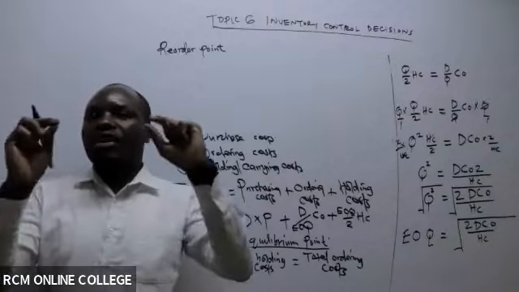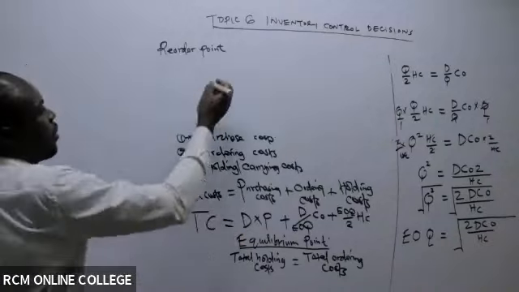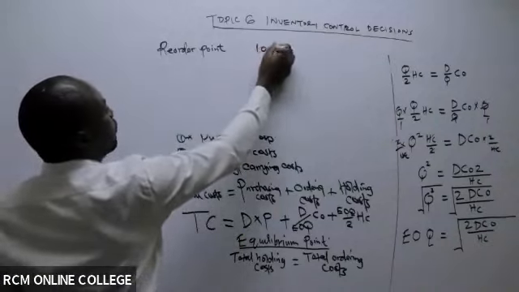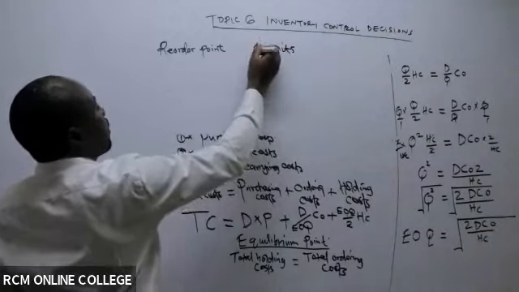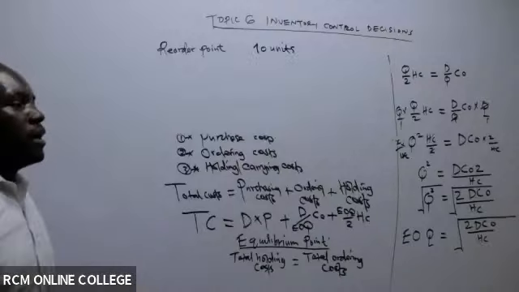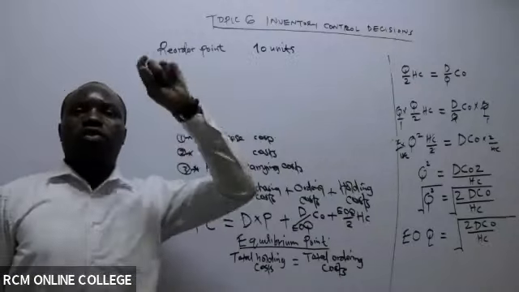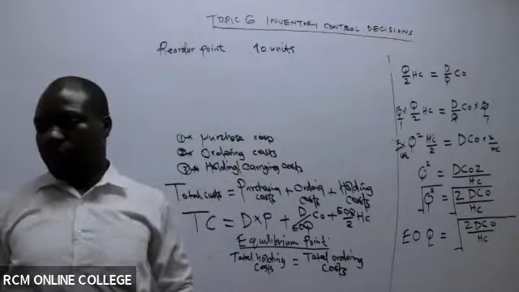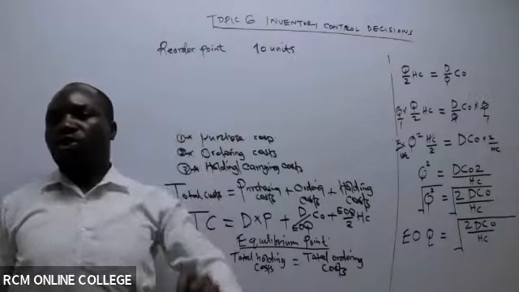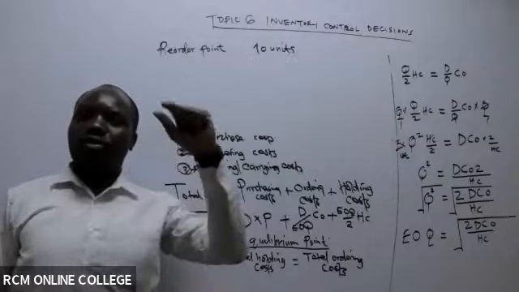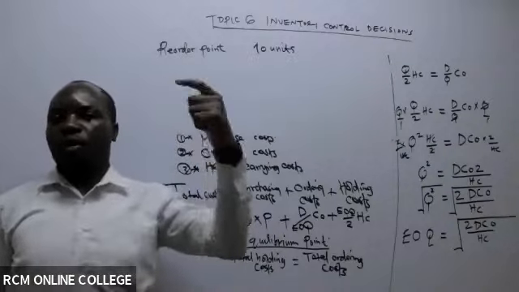So this 10 units represents the reorder point. The moment we get to 10 units of product A, you're supposed to start thinking about how to get additional units. So this 10 units represents the reorder point.